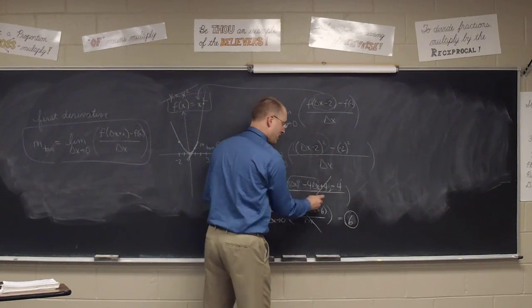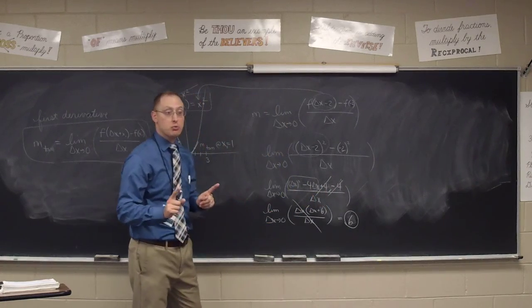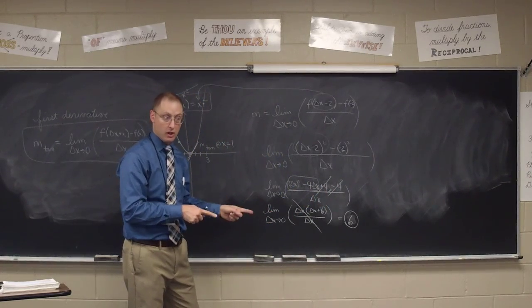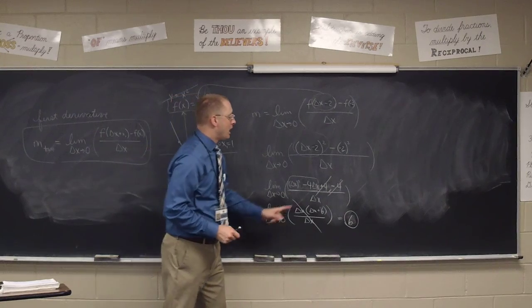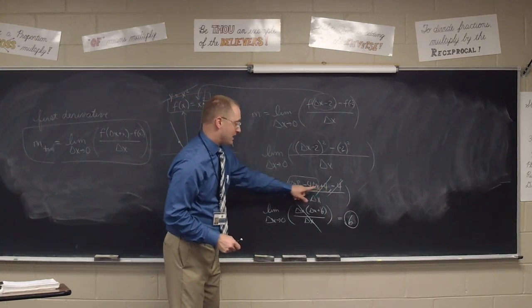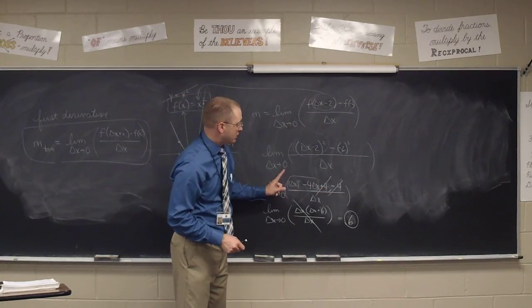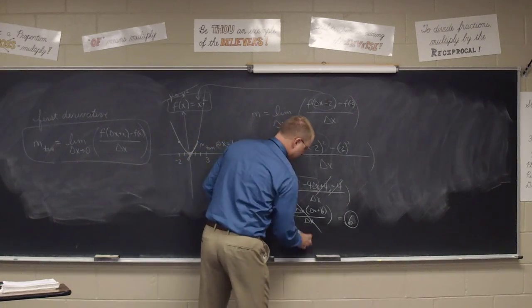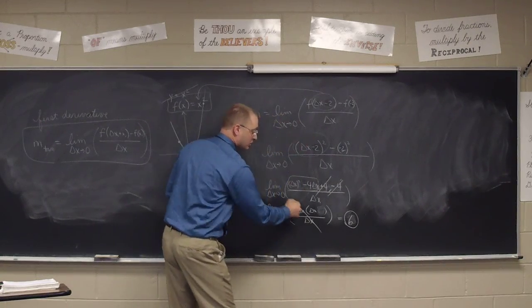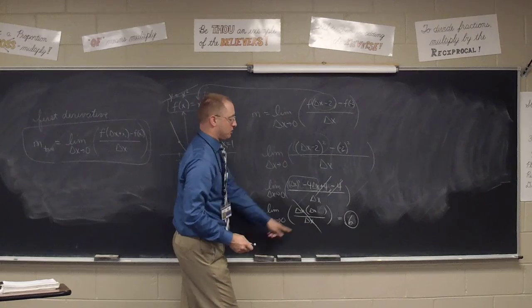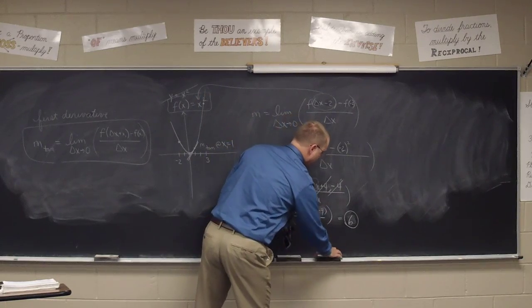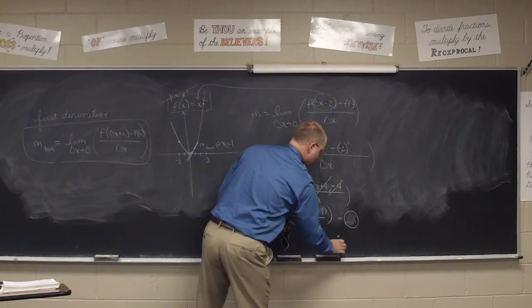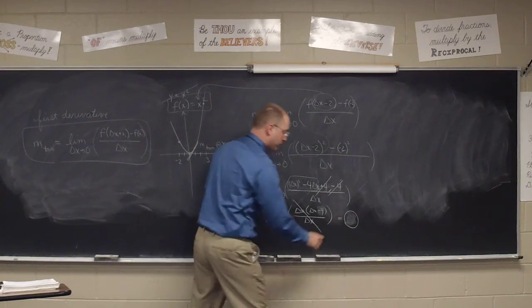Notice again, the constants cancel. The constants will always cancel. They must. Which means everything we're left with has a delta x, which allows us to factor out the delta x, which allows us to cancel the delta x, which allows us to plug in the 0, and we're just left with negative 4.